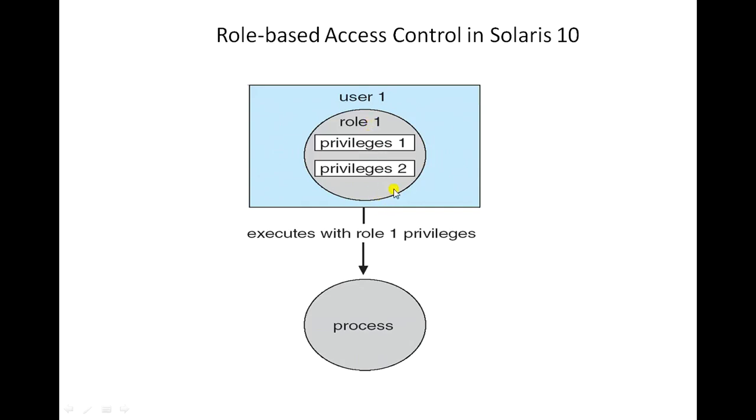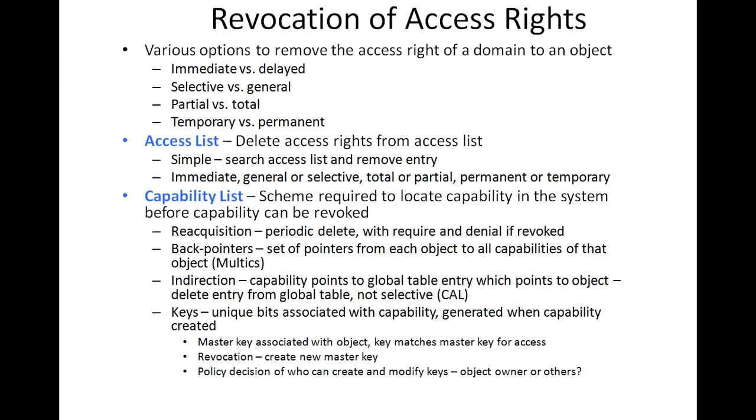Here processes will execute with role 1 privileges. If role 1 is assigned to a process, then that process executes with role 1 privileges.